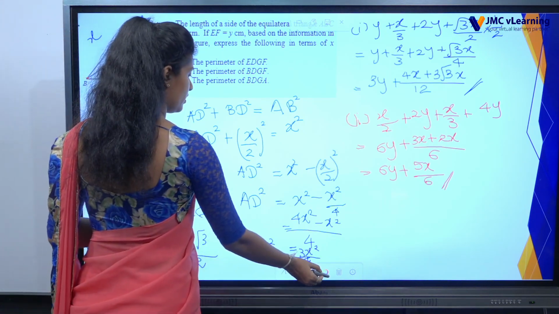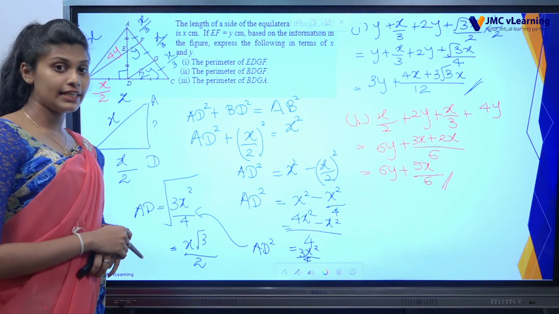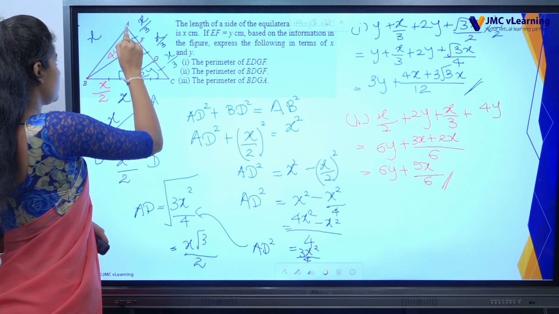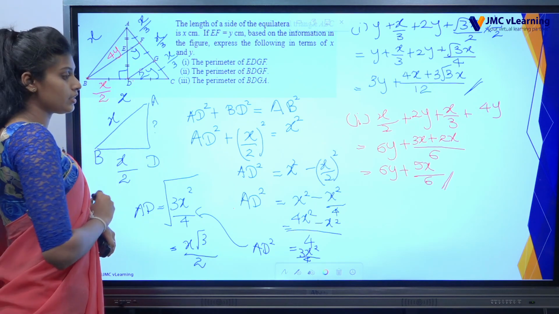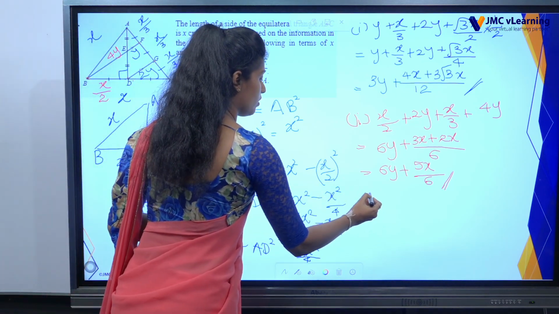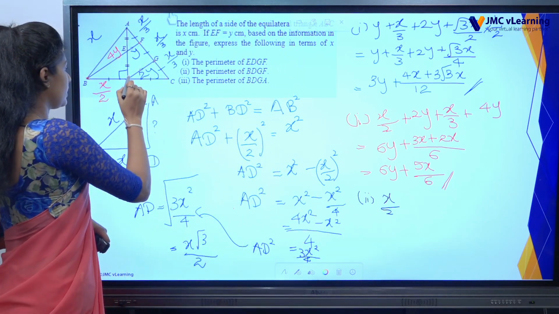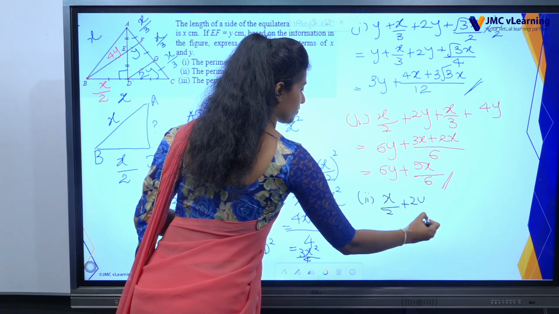Then let's find the perimeter of BDGA. Then what is the length of BD? We know it, x over 2. Then DG, 2y.